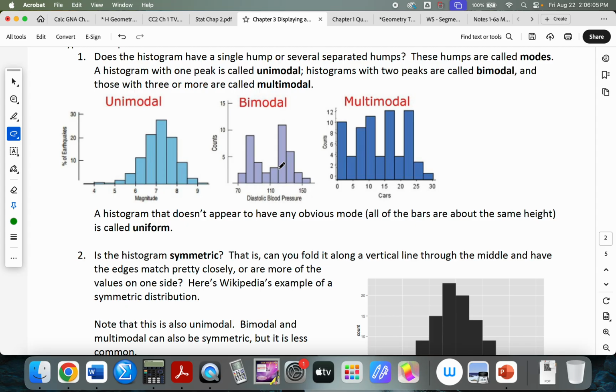What if you were measuring the heights of a group of adults? Why do you think that might be bimodal?